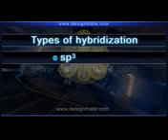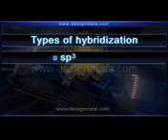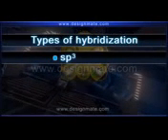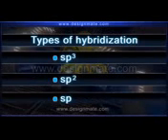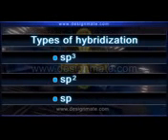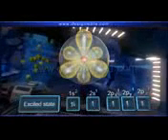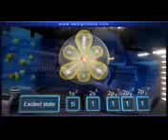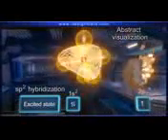Besides sp3 hybridization, the excited carbon atom may also undergo sp2 or sp hybridization. During the formation of a double bond, 1 2s and 2 of the 2p orbitals hybridize. Consequently, this hybridization is termed as sp2 hybridization.